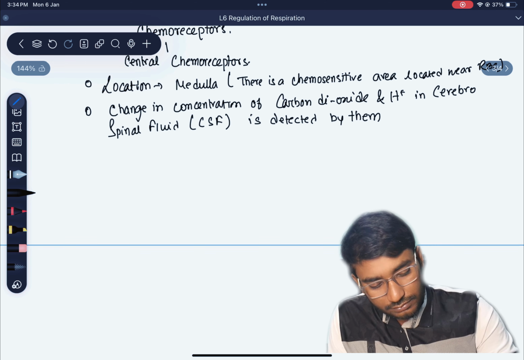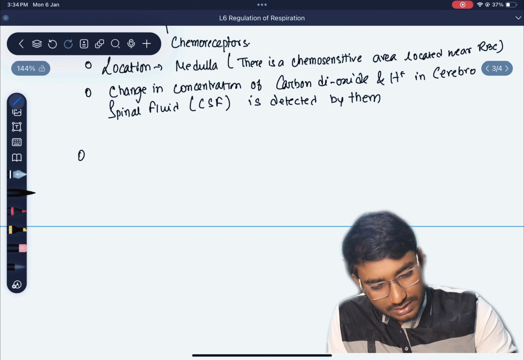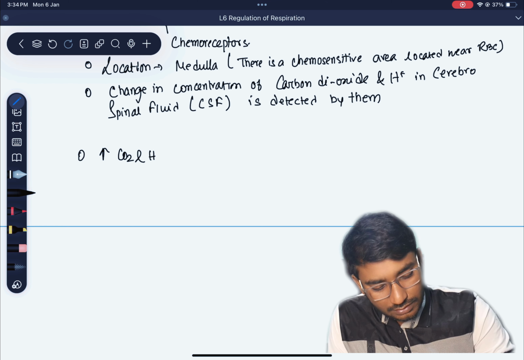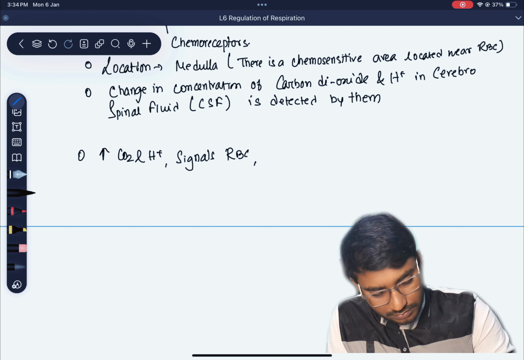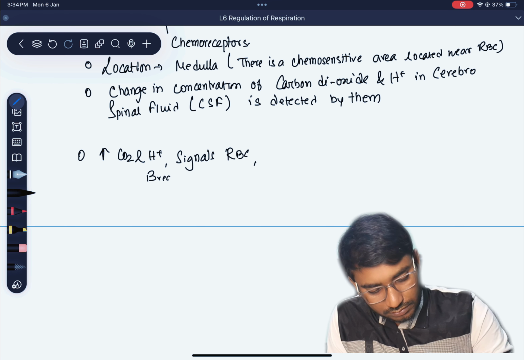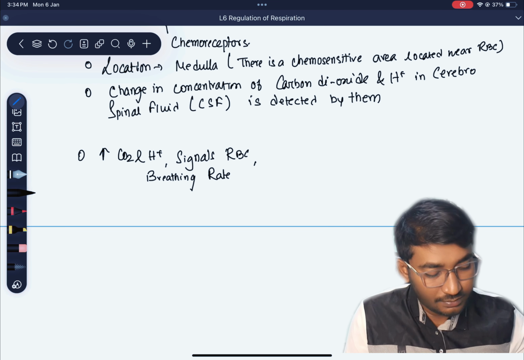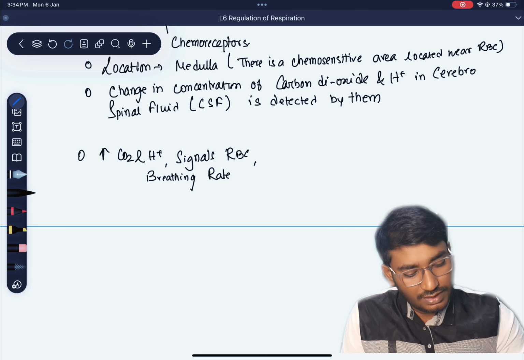So increase in carbon dioxide and hydrogen ion signals RBC to increase the breathing rate.